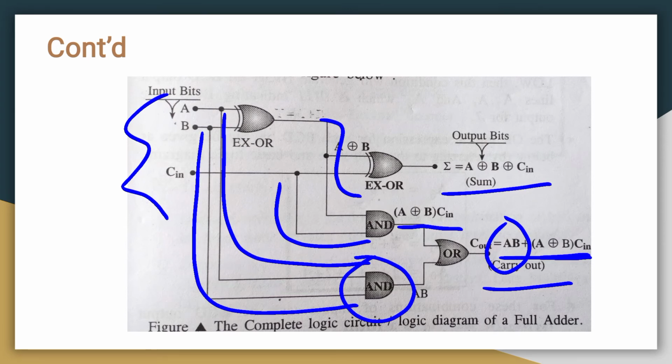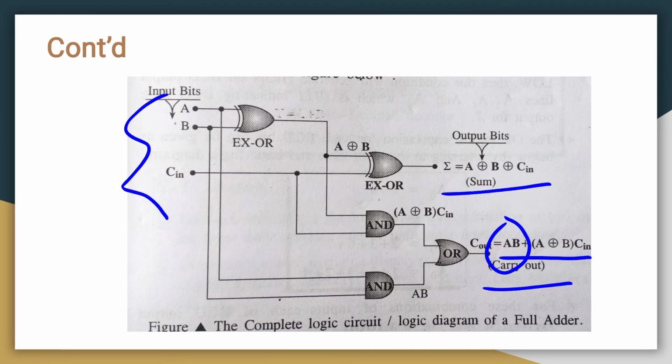Then we have to take all these combinations, nothing but we have to go with the OR operation. Okay, then we will get the Cout. So this is about the complete implementation of the full adder using gates.